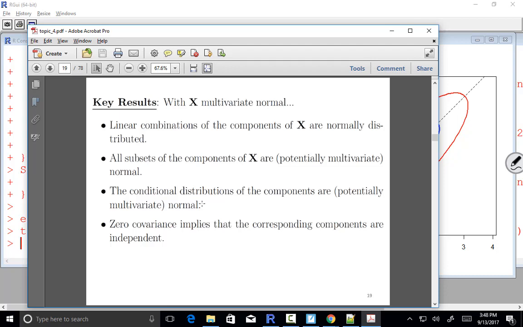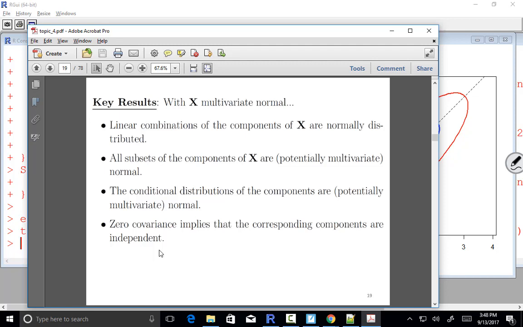The second one is a conditional distribution, because I'm subsetting the population I'm looking at. Conditional probabilities we'll see, and the nice thing is that if you have a bunch of variables that are multivariate normal, if you condition some of them on some of the others, you get multivariate normal.